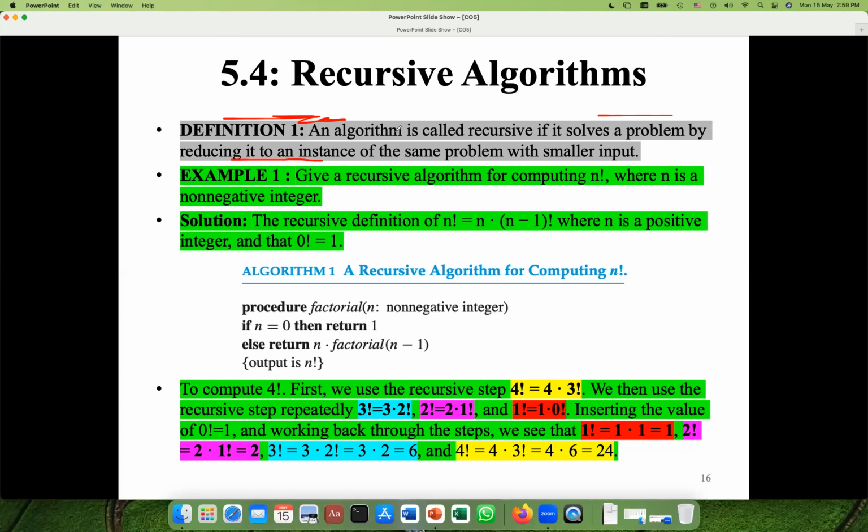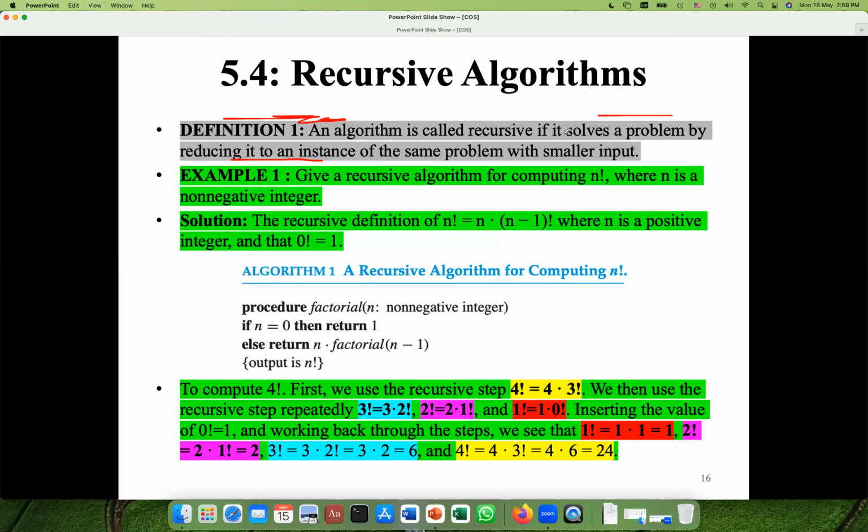So the algorithm which will reduce the problem into smaller problems, and then evaluate the result for those smaller problems, and then use that result for further upward smaller problems. So that would be some kind of a recursive algorithm. The simple definition is that a recursive algorithm is an algorithm which can call itself.